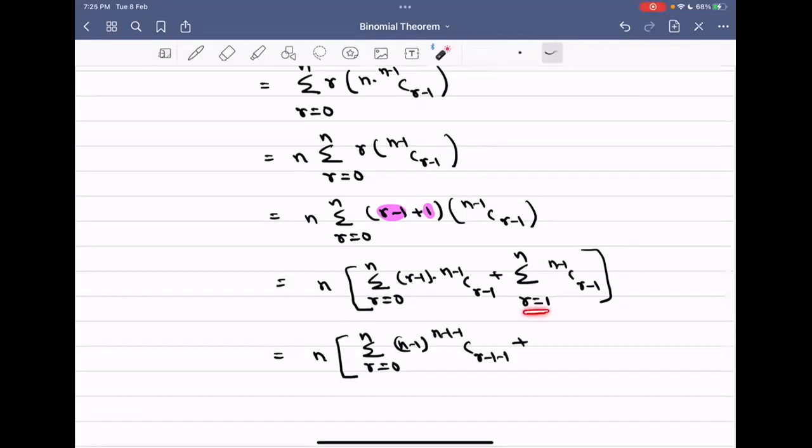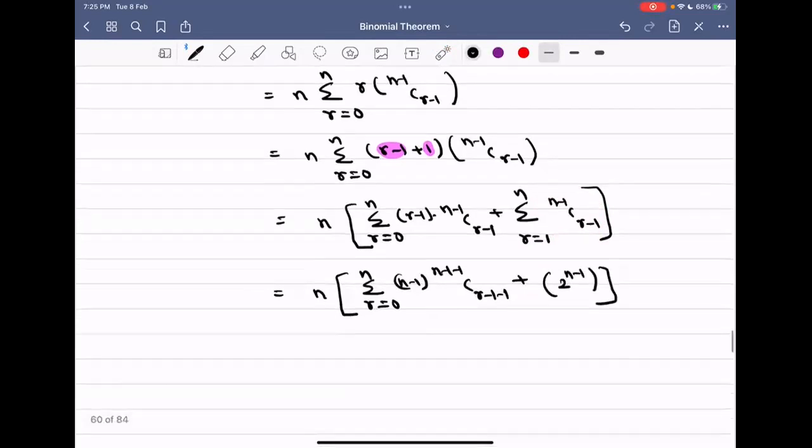This one is r equals 1: n minus 1 C0, n minus 1 C1, plus etc. n minus 1 C n minus 1. This is 2 power n minus 1. Straightforward result. Therefore, this is 2 power n minus 1.